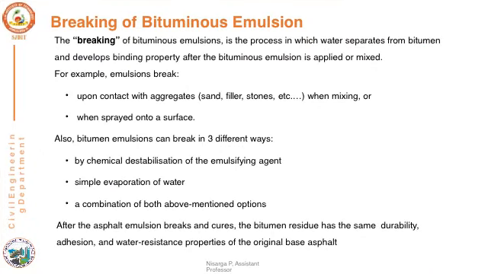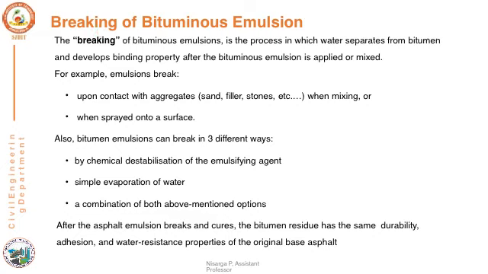The next question is how the adhesive property can be achieved using the bituminous emulsion. The phenomenon of attaining the adhesive property using the bituminous emulsion is generally called breaking of emulsion.